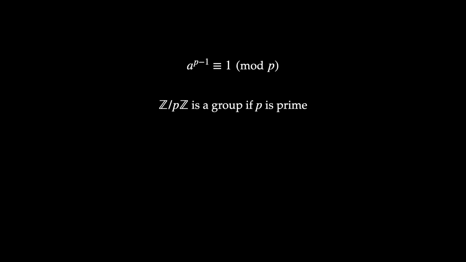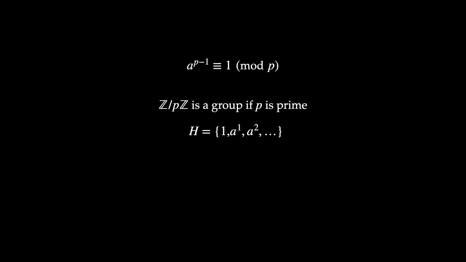So since this is a group, we can consider the subgroup generated by A, and we'll call it H. This consists of just 1, A to the 1, A to the 2, and at some point this will loop back around to 1.